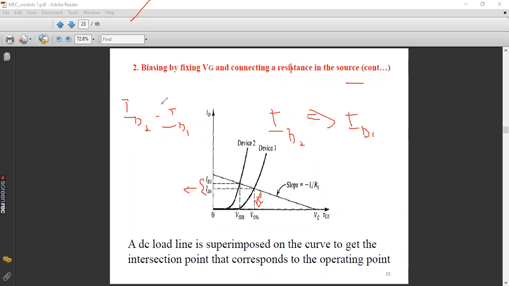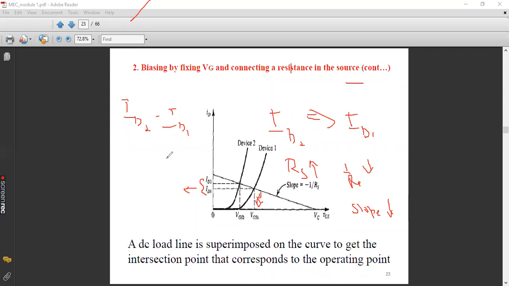Okay. So the conclusion is, when Rs increases, please write it, 1 by Rs decreases, which means slope decreases. The line will become less steep. Less steep means the variation, or the difference between ID2 and ID1, decreases.